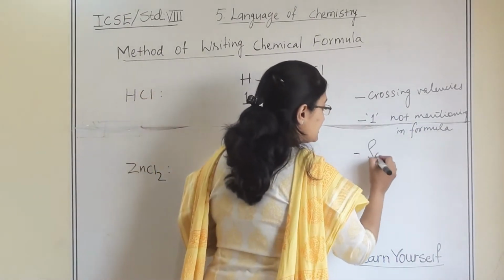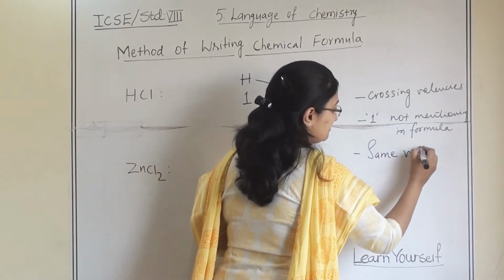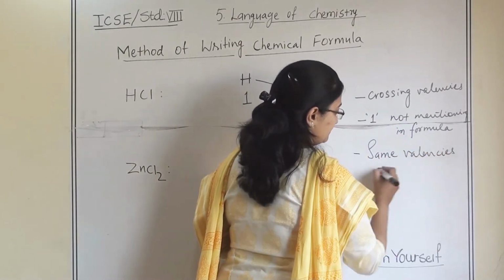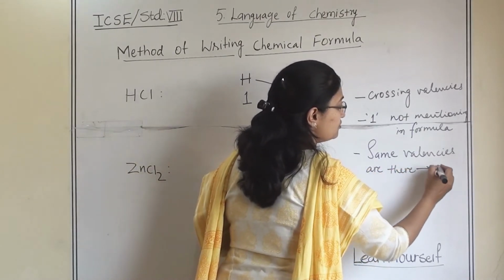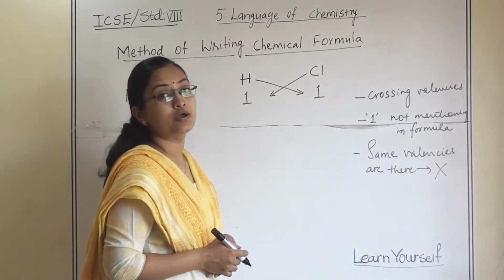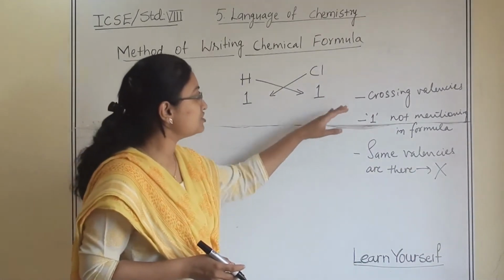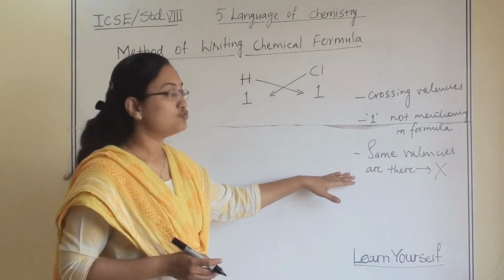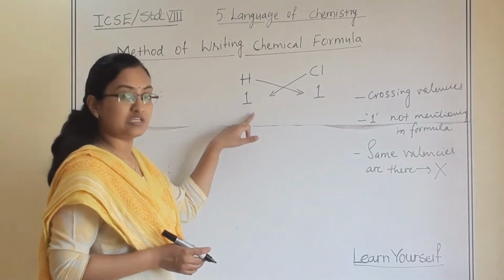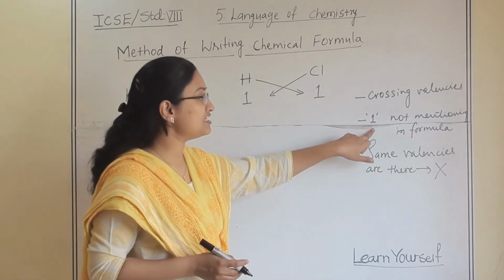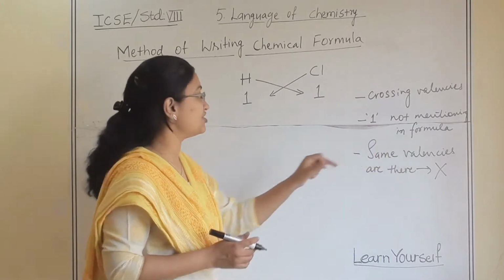Then if the same valencies are there, then also we are not mentioning. So there are particularly 3 rules to follow in the crisscross method. See here. So we are crossing the valencies, but if it is 1, then we are not mentioning.